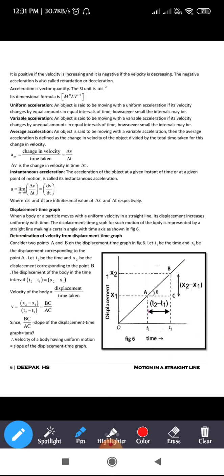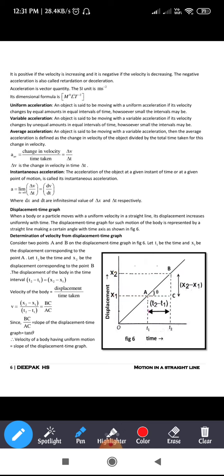From the graph, x2 minus x1 represents the displacement. Initially the body was at A, now it has moved to B. We always take displacement as final minus initial, so x2 minus x1.